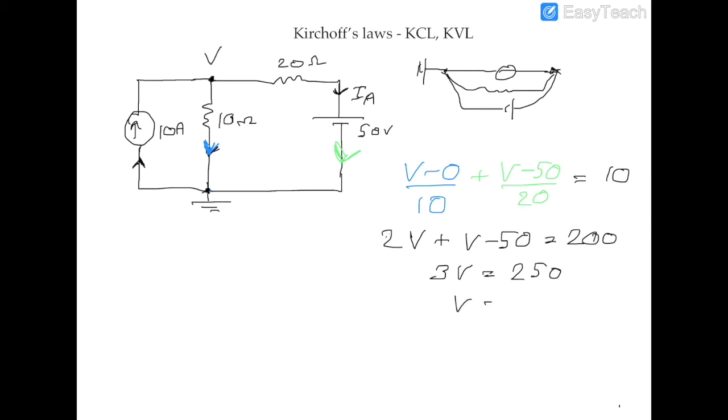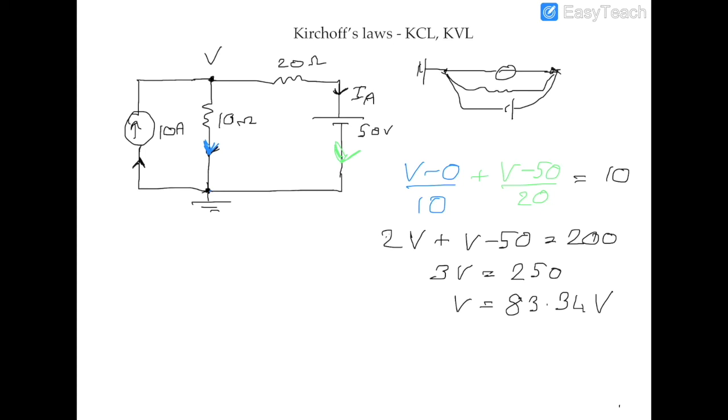So my V would be 250 by 3, which is 83.34 volts. So again, if you want to check if your answer is correct, if you have 83 volts, it is higher than 50 volts, so hence your current would flow through the 50 volts battery or the power supply.